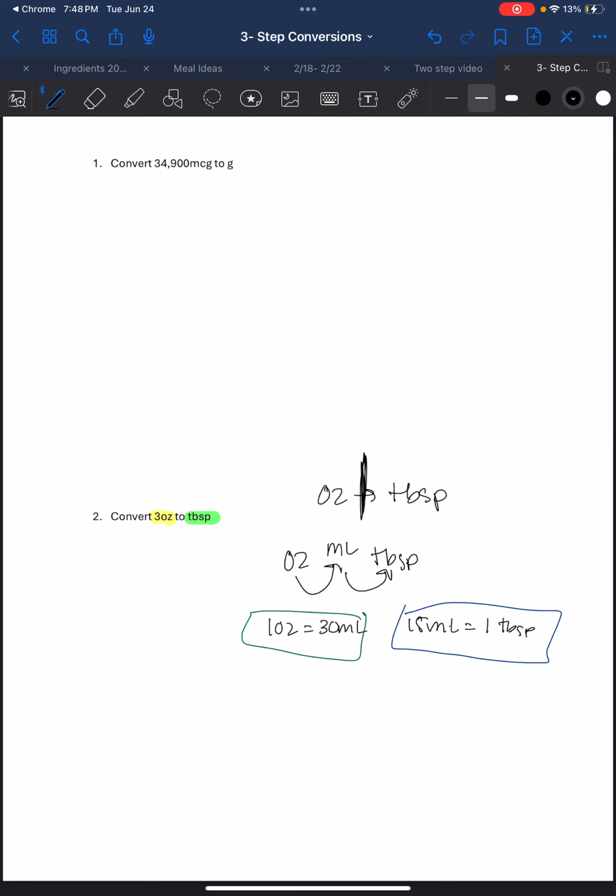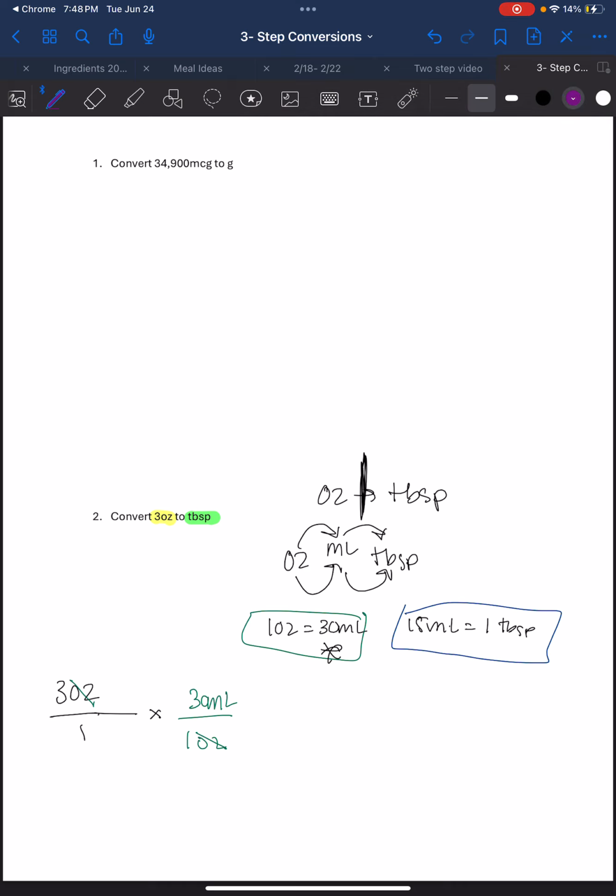As always, we're going to put our given over 1. So 3 ounces over 1. And then we're going to use our first conversion factor. We're trying to go from ounces to mLs and mLs to tablespoons. So first we need to go from ounces to mLs, which is going to be this conversion. I'm going to put that one in green. So 1 ounce equals 30 mLs. Our ounces are both on the bottom, so they can cancel out.